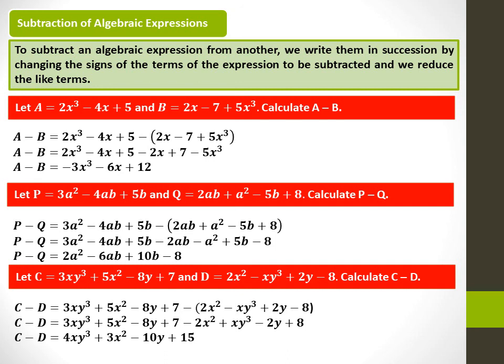C minus d equals 3xy to the power of 3 plus 5x to the power of 2 minus 8y plus 7 minus 2x to the power of 2 plus xy to the power of 3 minus 2y plus 8. C minus d equals 4xy to the power of 3 plus 3x to the power of 2 minus 10y plus 15.